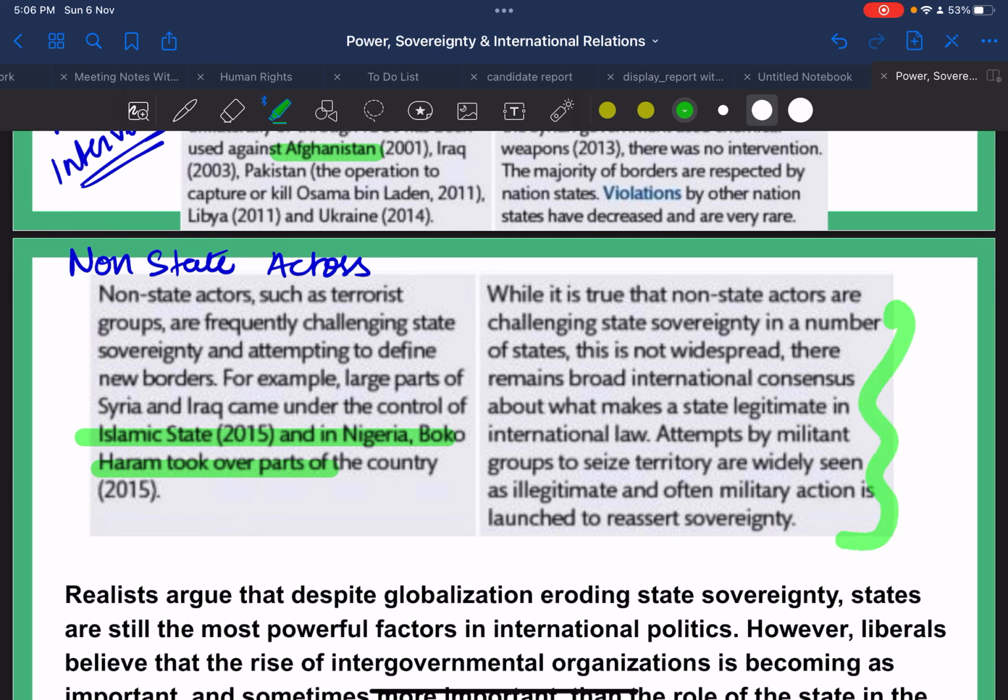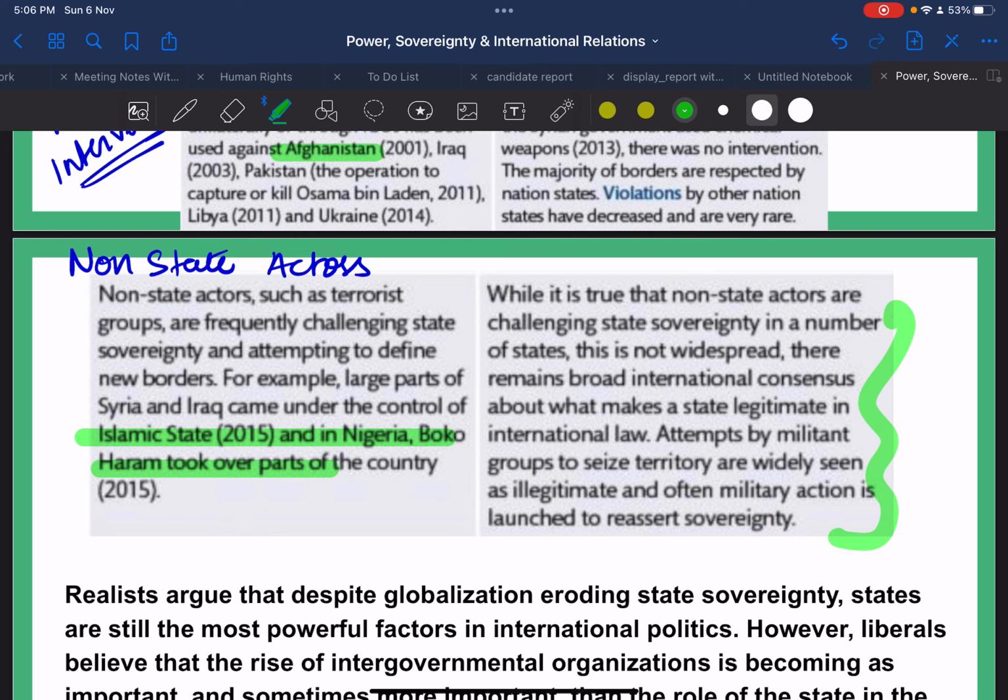Now here, this one talks about how militant groups are actually in control. While it is true that non-state actors are challenging state sovereignty in a number of states, this is not widespread. There remains broad international consensus about what makes a state legitimate in international law.